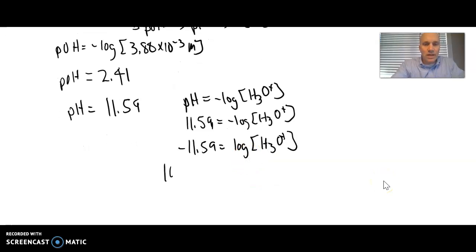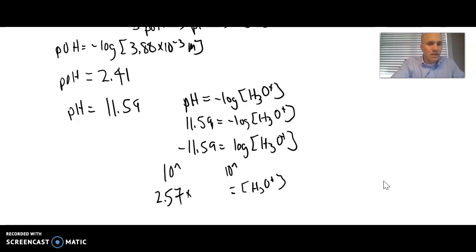And at that point, the last thing that we need to do is do 10 raised to those on both sides, giving an H3O plus concentration of 10 raised to the negative 11.59, and we get 2.57 times 10 raised to the negative 12. That one does have units, and that would be moles per liter, or you could say molar.